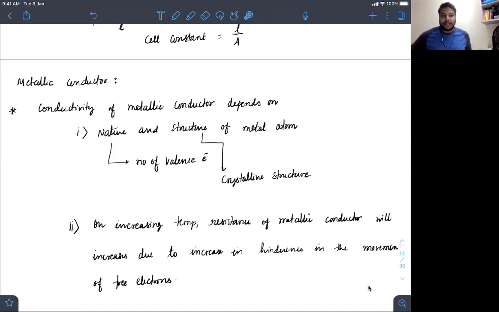For example, if you take metals like cesium or lithium, they are very brittle, although they might have very ease of giving electrons, they break down very easily. But if you compare to iron, copper, aluminum, okay, they are malleable, they are ductile, and they have sufficient number of unpaired electrons as well.